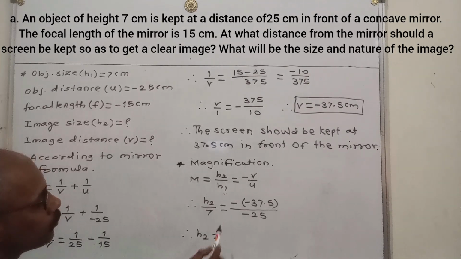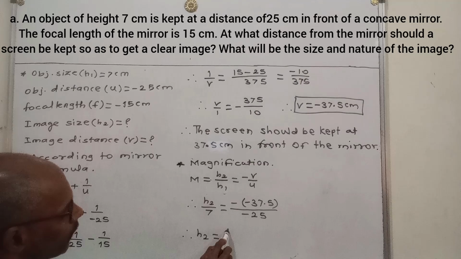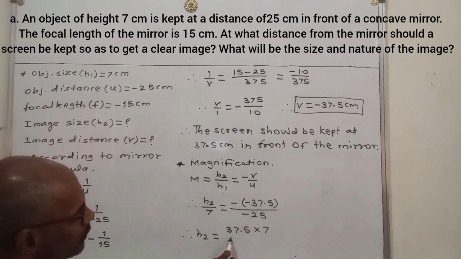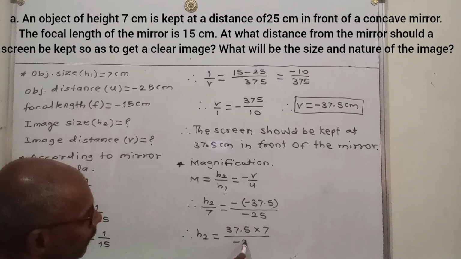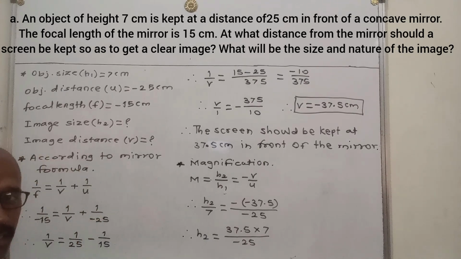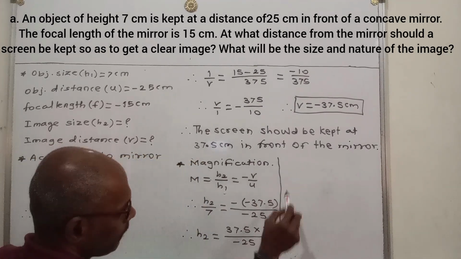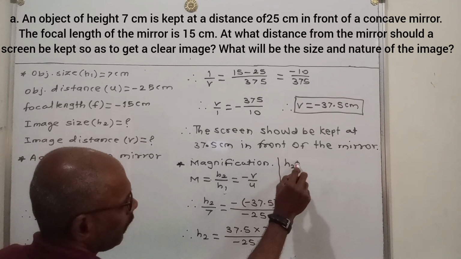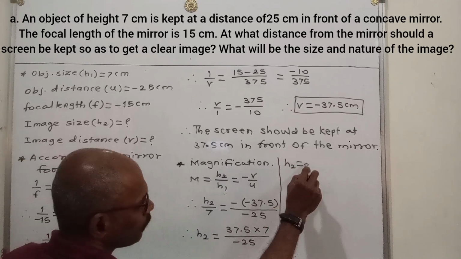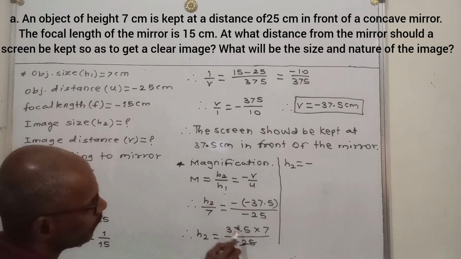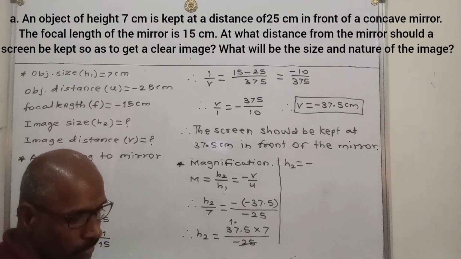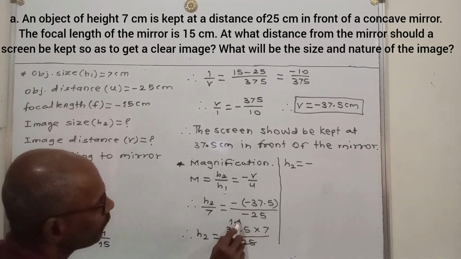Therefore h2 is equal to, we take 7 here, minus into minus, into 7 upon 25. Therefore, see here, h2 is equal to 25 ones are 25, then 12 and 5 means 125.